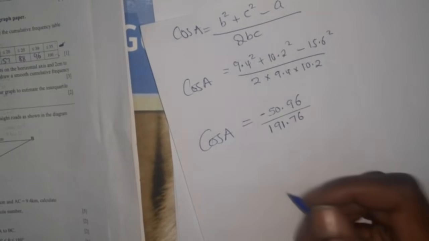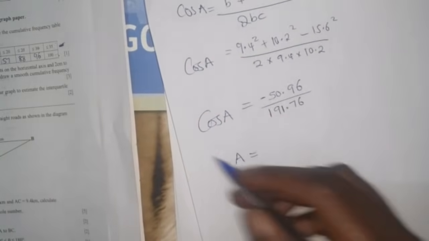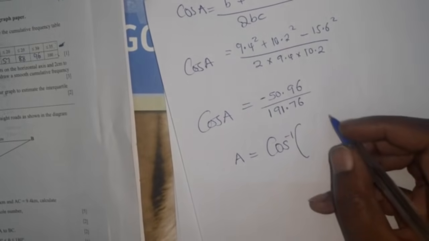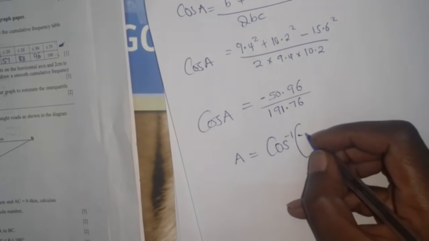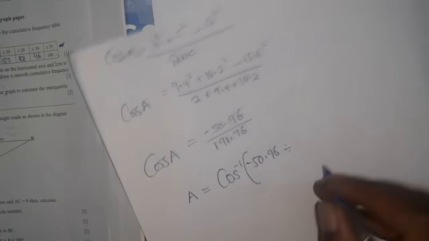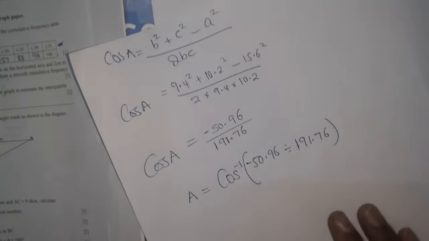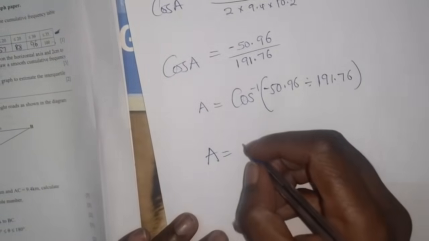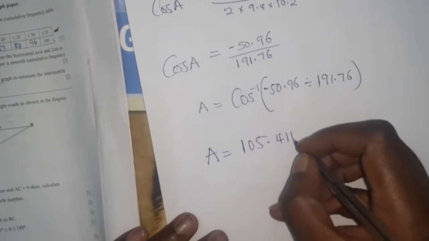Now, take note that what you want is the angle at A. So the inverse, of course, must come this side. So you say cos inverse. Okay? Cos inverse, then you say 50 point divided by 19 over, okay, then it will give you the angle at A as 15.41111.